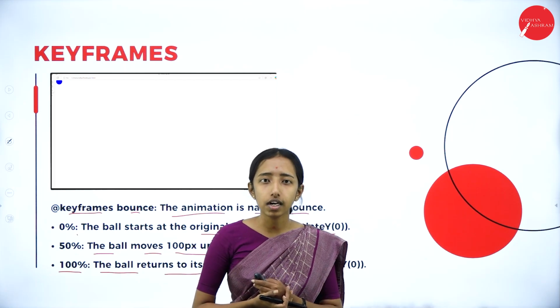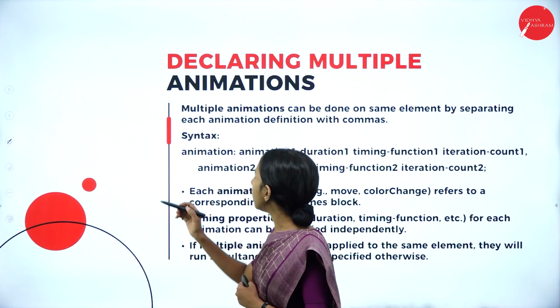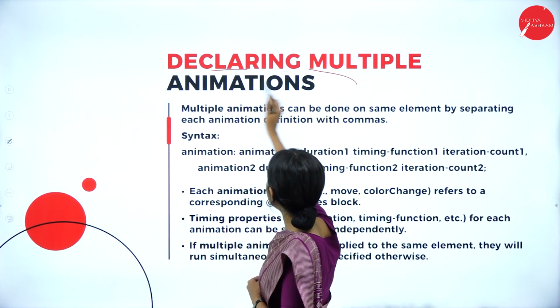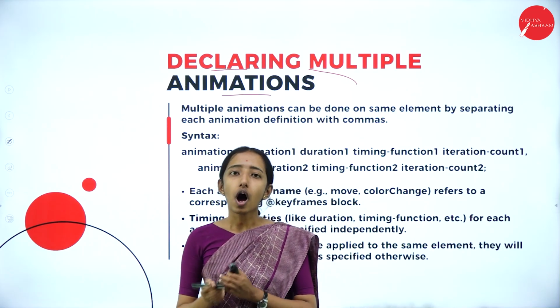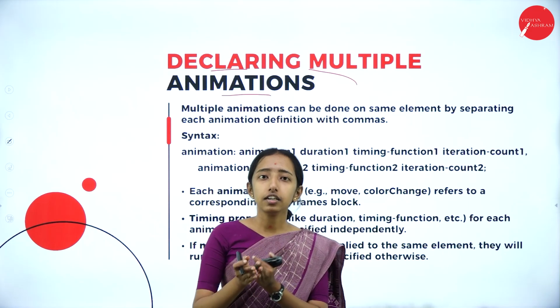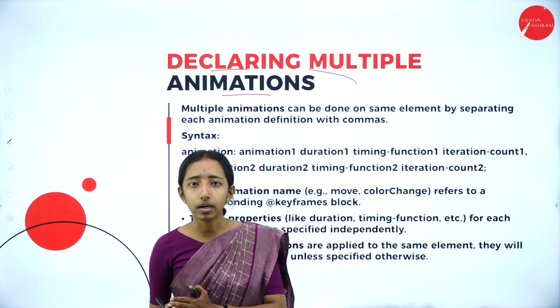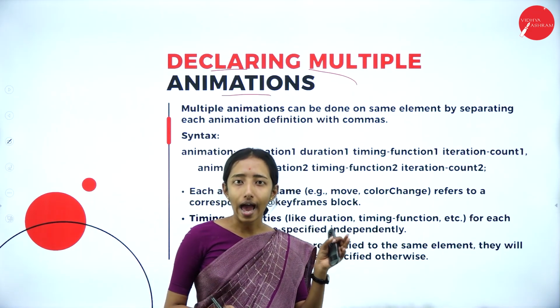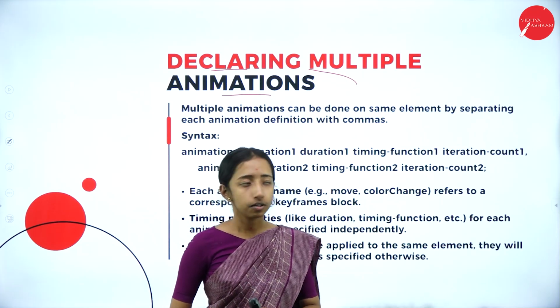Next we will be learning another concept called declaring multiple animations. How can we declare multiple animations? We will be including multiple CSS properties within one animation. So how to do that?